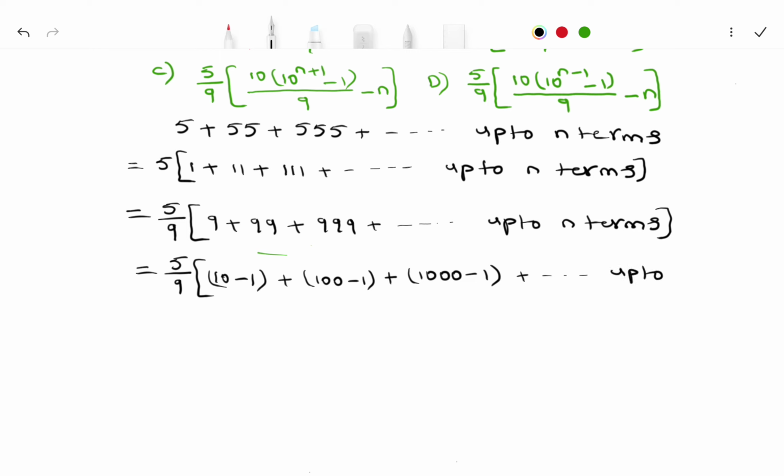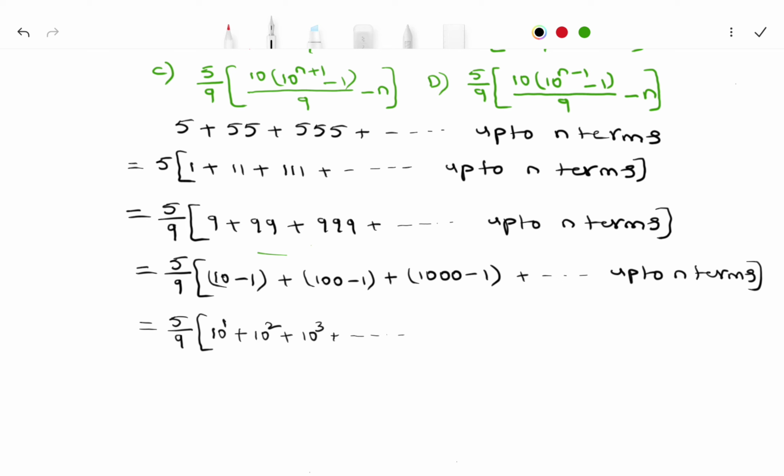Here you separate all the values: 10 power 1, 100 is 10 square, 1000 is 10 cube, and so on.